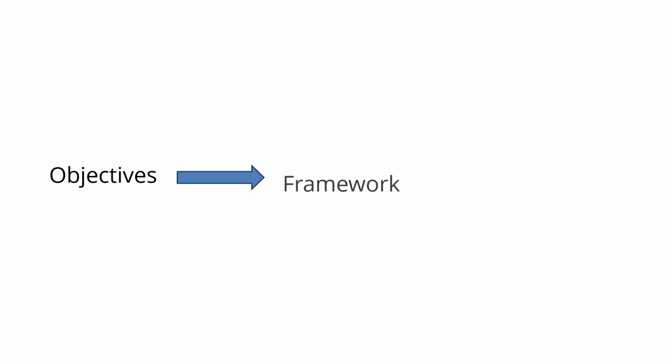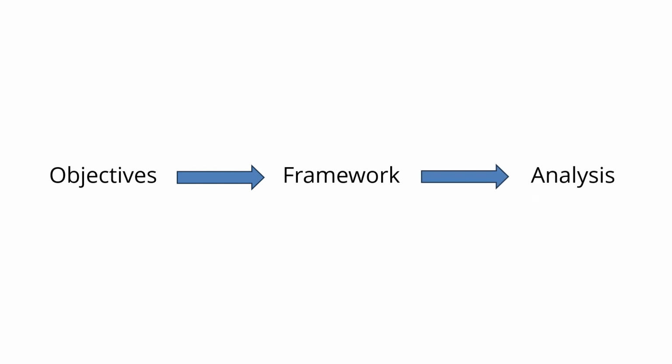Think of this as a simple flow. First, we create our objectives. Then, we build our framework. And finally, we analyze our results. And throughout this process, variables remain at the center of the study.